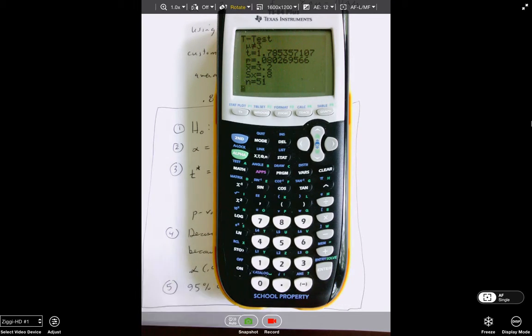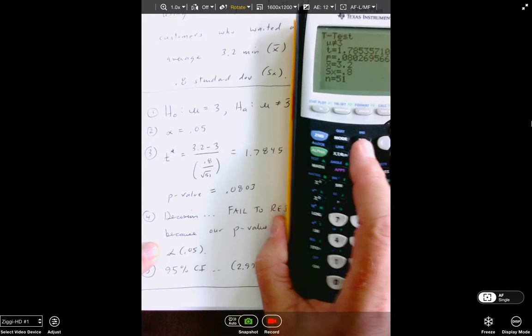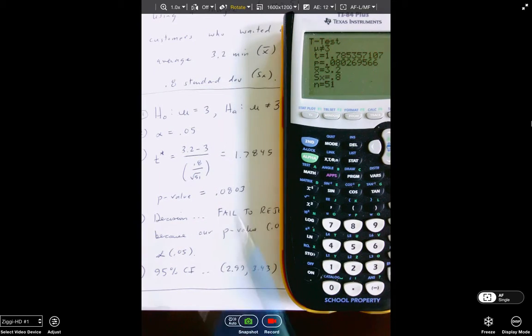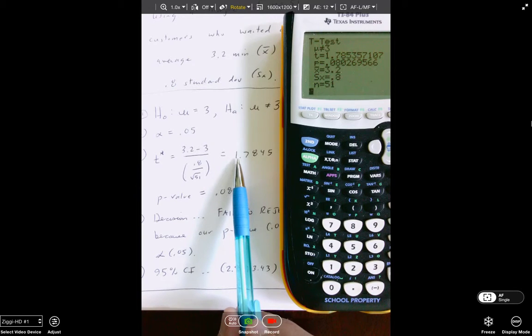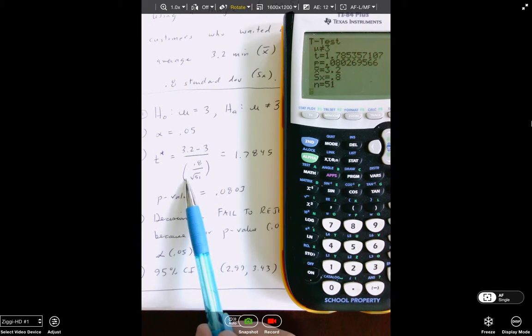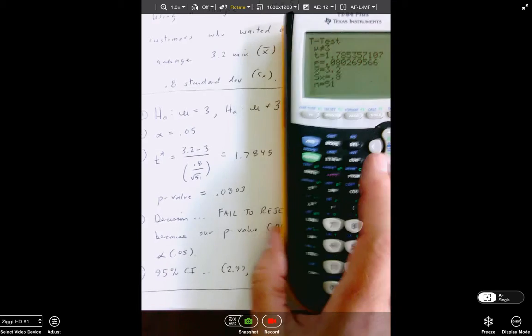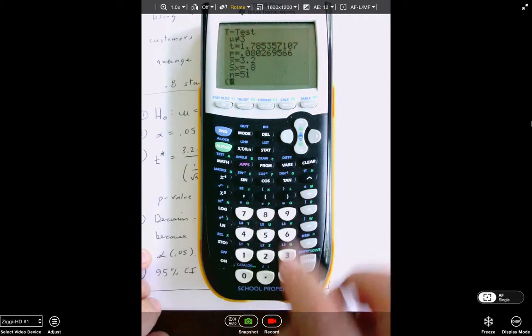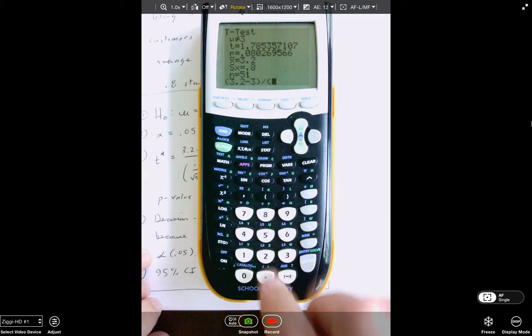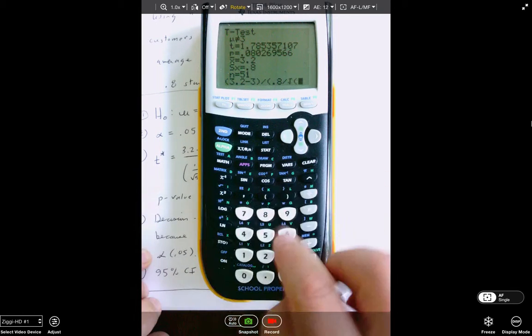And you see some numbers that look eerily familiar, right? There's the 1.7845. We're off a little bit because when I calculated, why are we off a little bit? We shouldn't be off. Did I make an error? Let me see. So I had 3.2 minus 3 divided by 0.8 divided by the square root of 51.